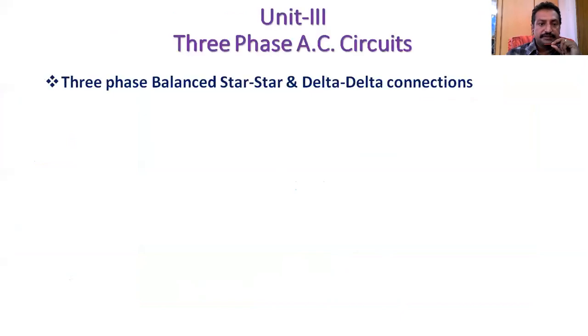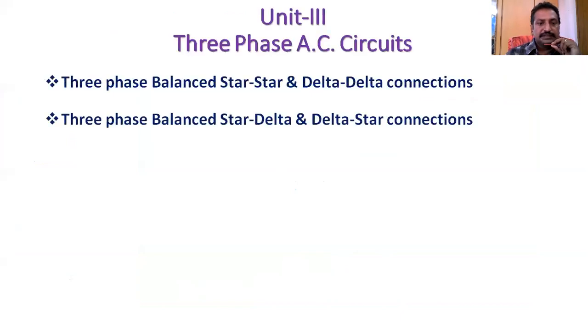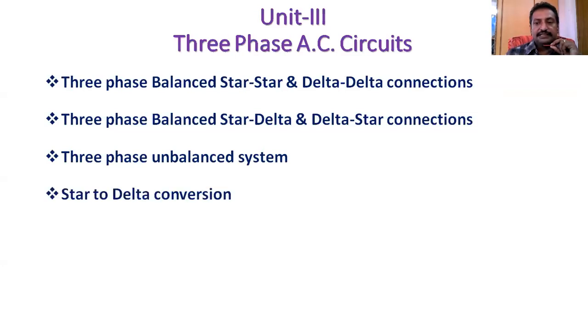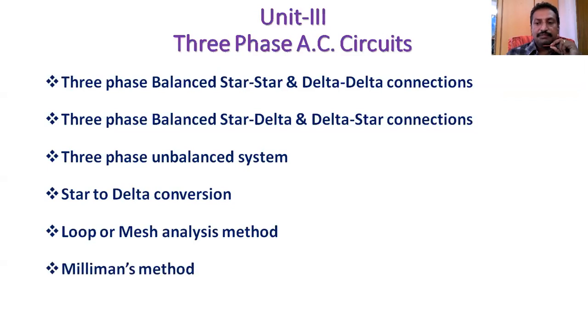In this session, I'll cover three-phase balanced star-star and delta-delta connections, three-phase balanced star-delta and delta-star connections, and the three-phase unbalanced system. The unbalanced system can be analyzed with the help of star to delta conversion, loop or mesh analysis, and Millman's method. These topics will be covered in this video.